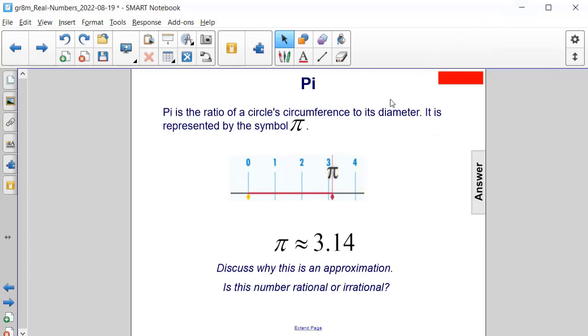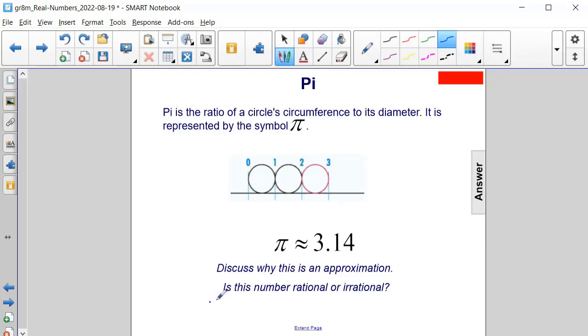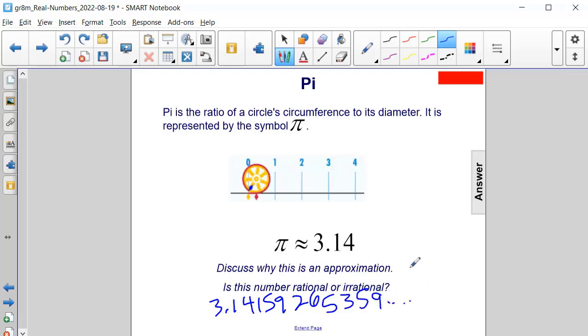Now, pi is an irrational number because it has a decimal representation that never ends, and it never settles into a permanent pattern. If we were to continue to write out the decimal value of pi, we would have 3.14159265359, and it keeps going.